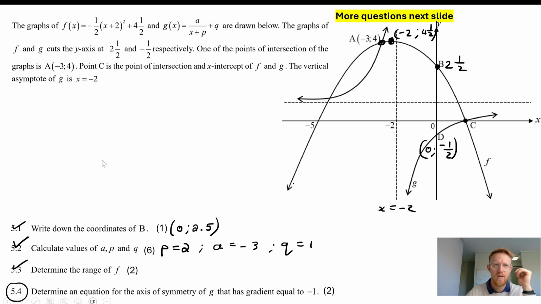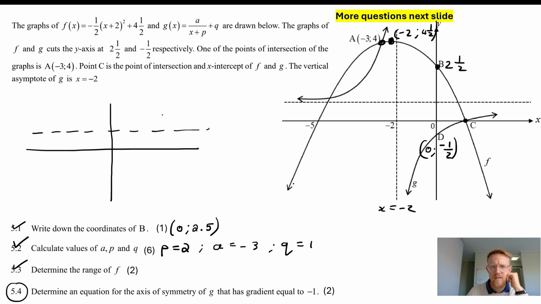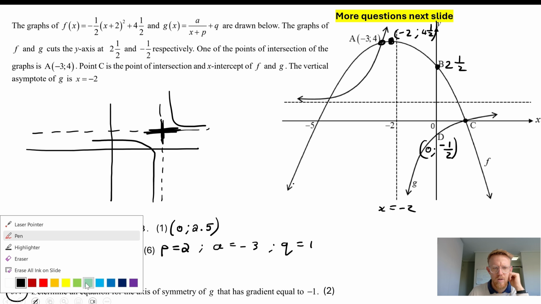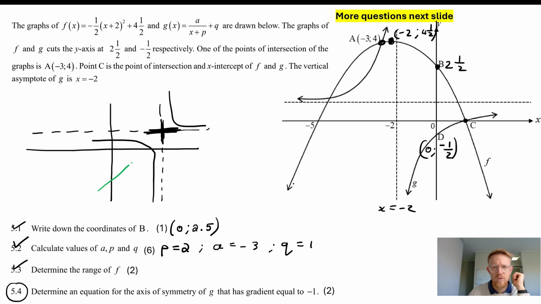Okay. When we look at a hyperbola, we know that, I'm just drawing a random little hyperbola, we know that it's got symmetry lines. Symmetry lines are the lines that go through this point here where the asymptotes intersect. So you'll always have one that goes this way, and then you'll always have the other that goes that way.